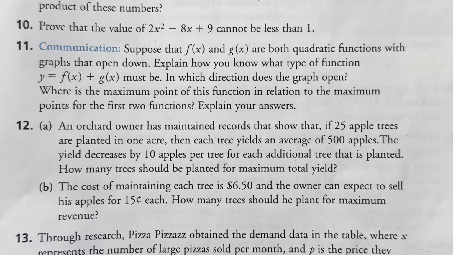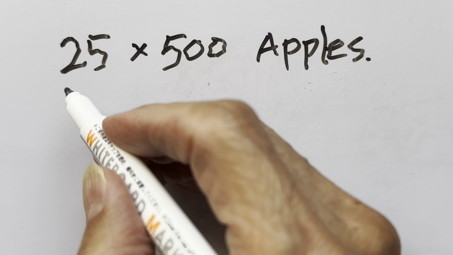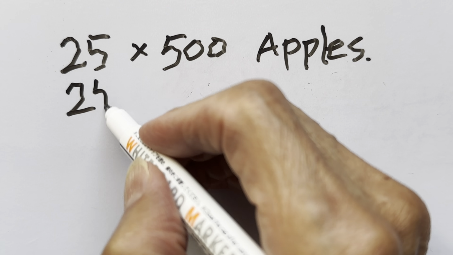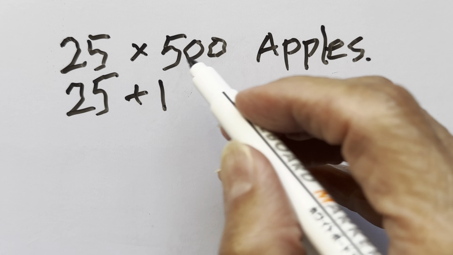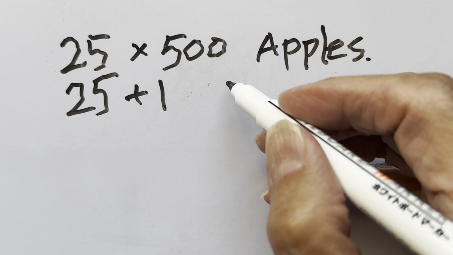Oh, if you plant more than 25, if you plant 26, one more, then it will produce 10 less apples. So it will produce 10 less.